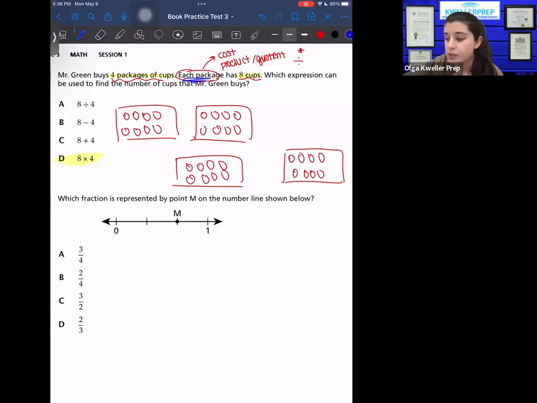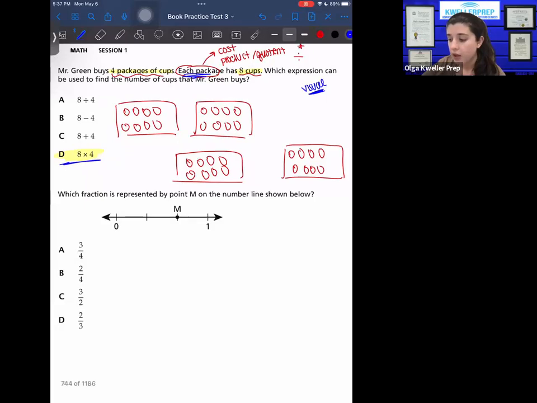And the other approach is this visual approach, which is new to the Common Core curriculum from a few years ago. They became a lot more visual, and they put a lot more emphasis in visual type of learning. So I always like to teach that approach to students as well, for them to consider it sort of mathematically and visually. So there we have it. Number 1 is choice D.